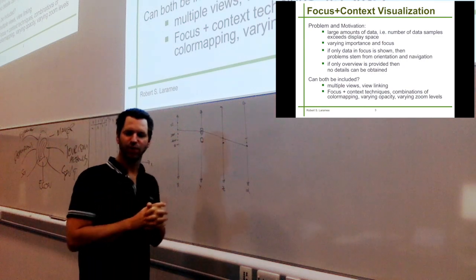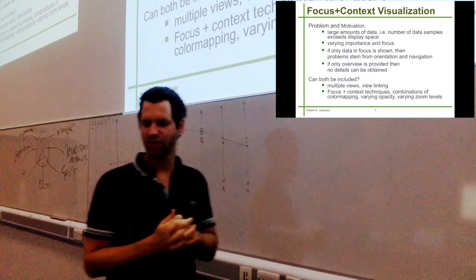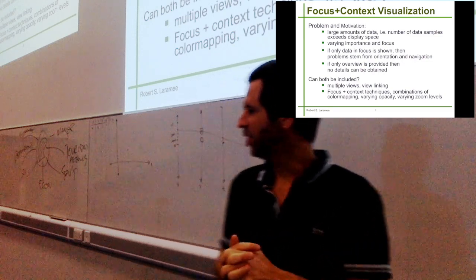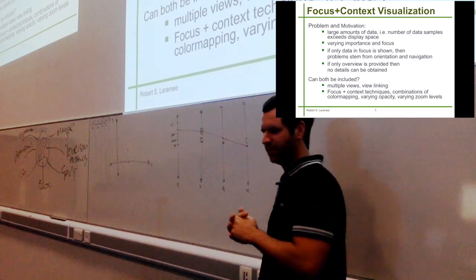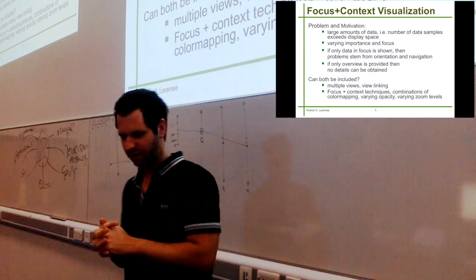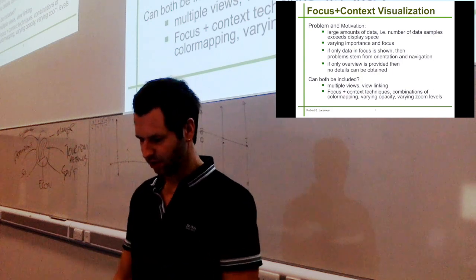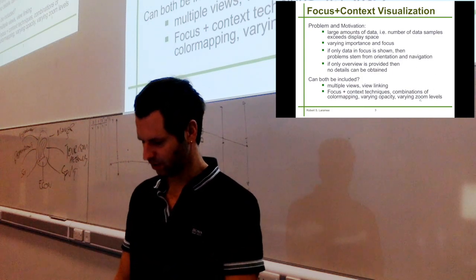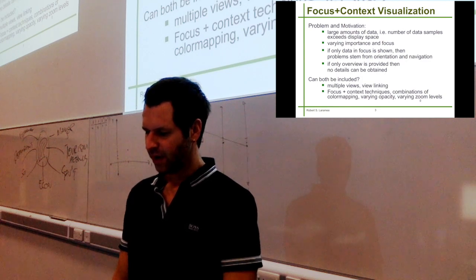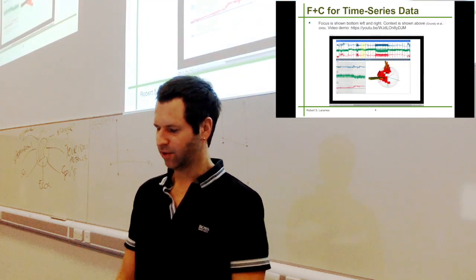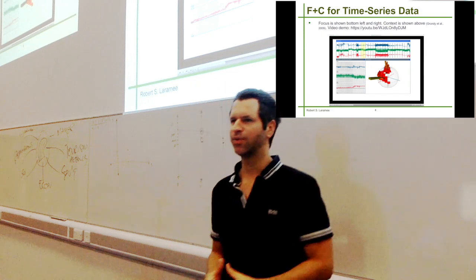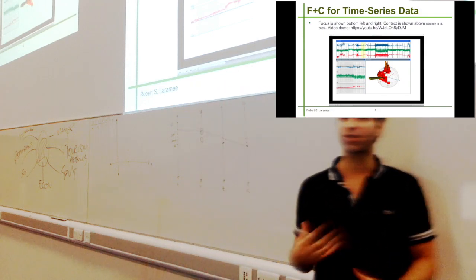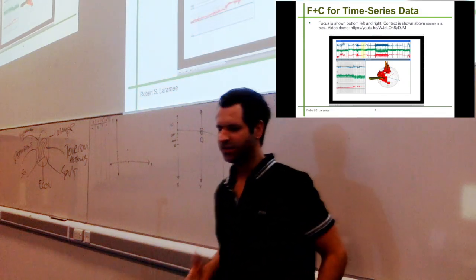We can use multiple coordinated views like we just saw. And we can use different focus and context techniques like color mapping, varying opacity, and varying zoom levels. It's not necessarily a very special algorithm per se, it's just a visual design decision.